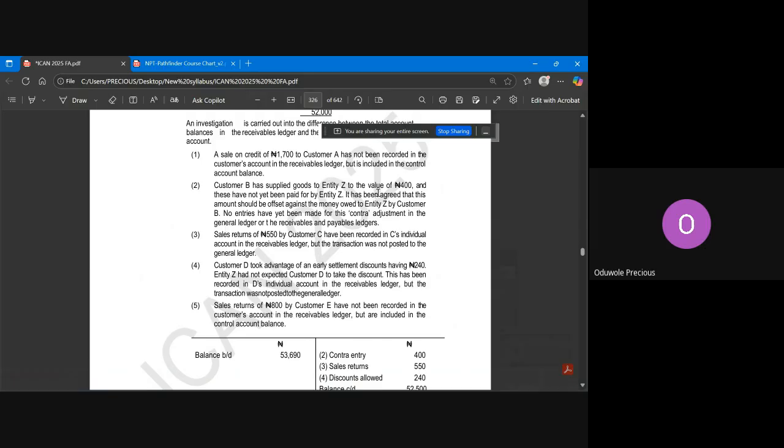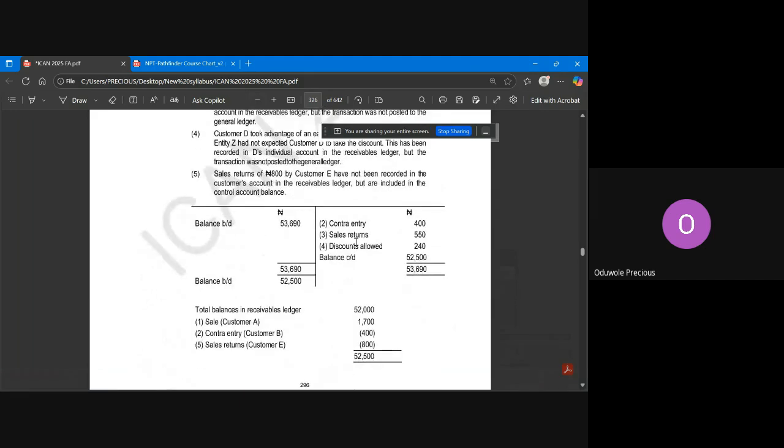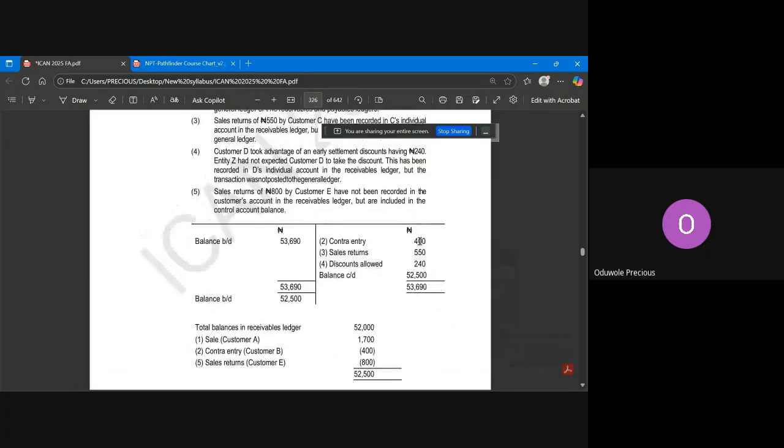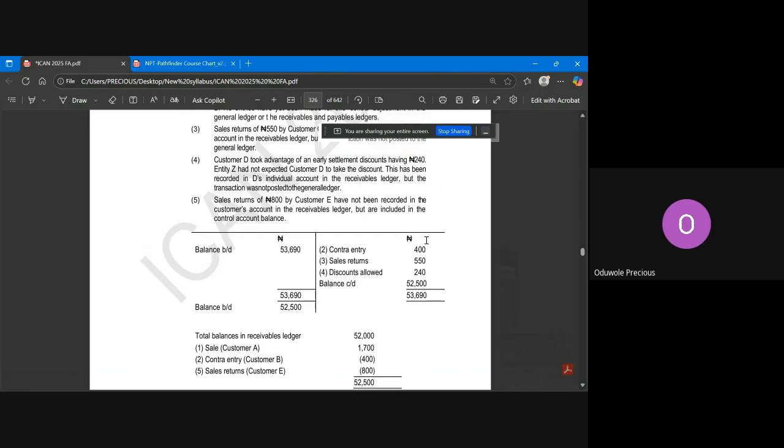The first thing is you add it to the one they say they've not added it to, which is your receivable control account. So in your receivable control account, you have 400 on your credit side. Why? Because it is going to reduce the debt. Don't forget, they are owing us, we are owing them. Our debts have negated each other, so they don't have debt with us, just as we don't have debt with them. So that's the 400.